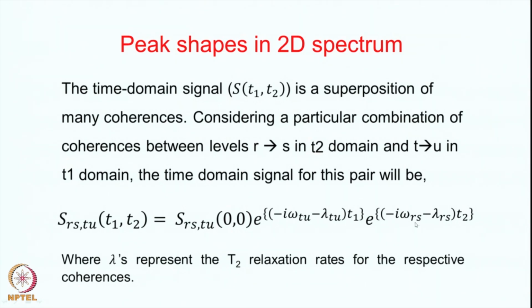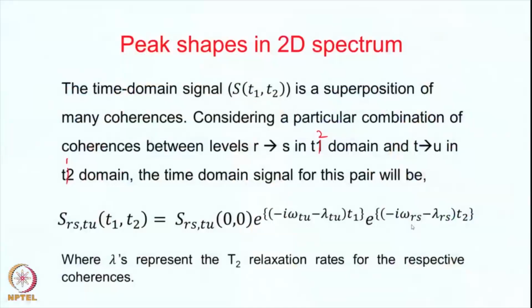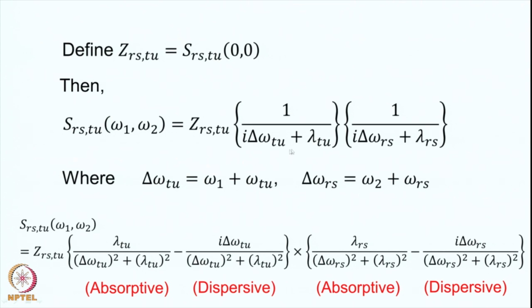And so this decay has to be included in the FID. This is the free induction decay along the t1 axis, and this is the free induction decay along the t2 axis. Okay. Now let us define this particular term Z_RS,TU equal to S_RS,TU(0, 0).